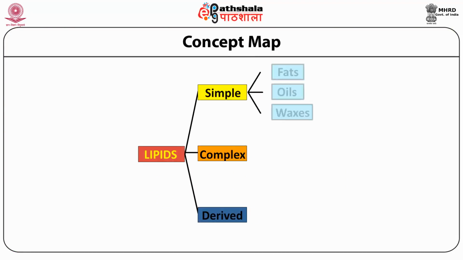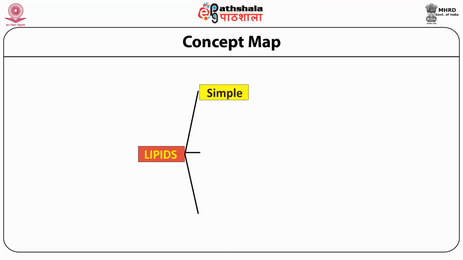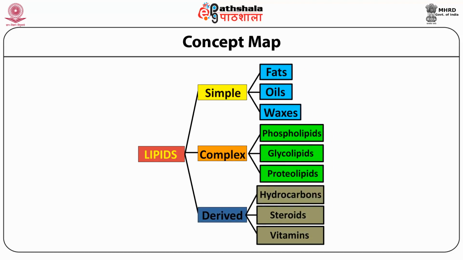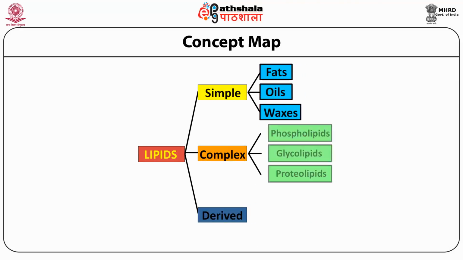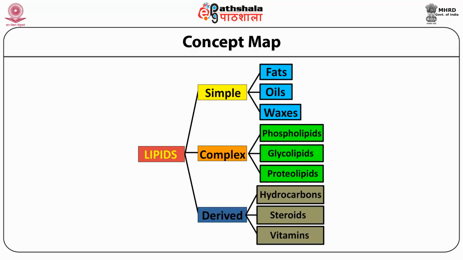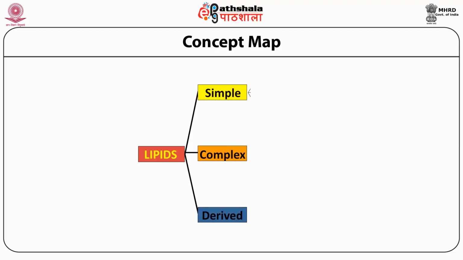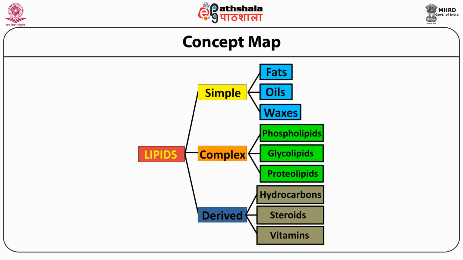So the types of lipid include the simple lipids, the complex lipids, and the derived lipids. This is what we have already discussed in the classification based on hydrolytic phenomena. Simple lipids are the lipids which contain glycerol as well as fatty acids.